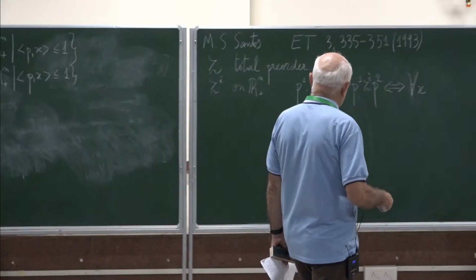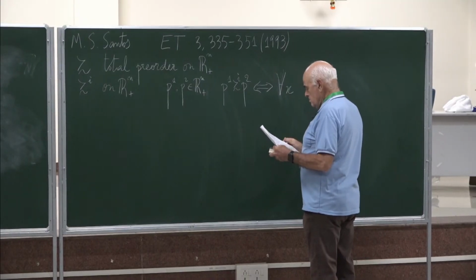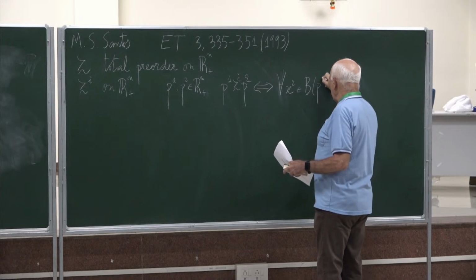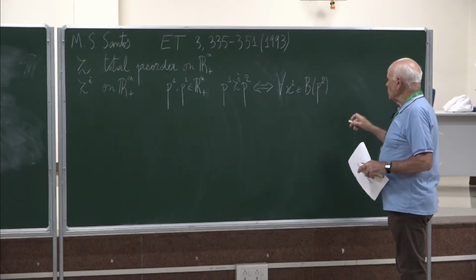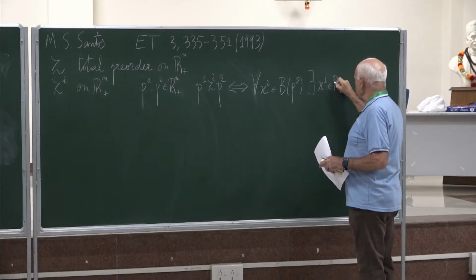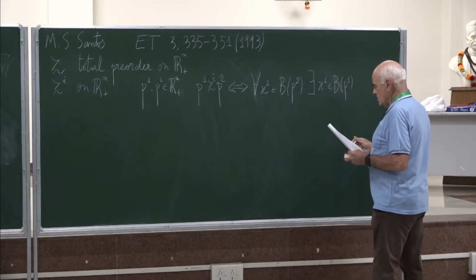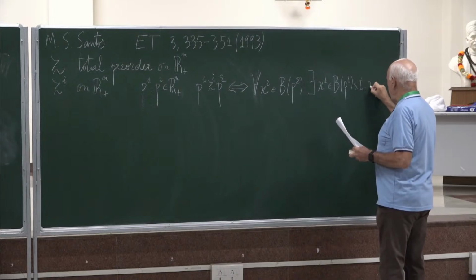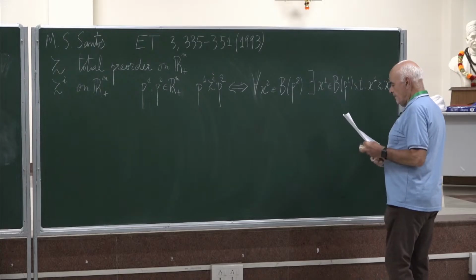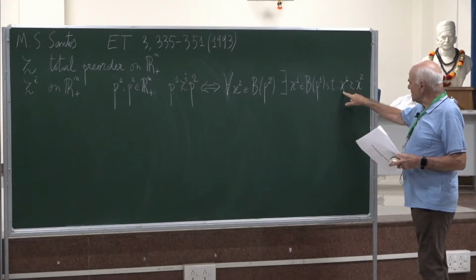Well then, for every x, call it x2, in B of P2, there exists x1 in B of P1 such that x1 is at least as good as x2.